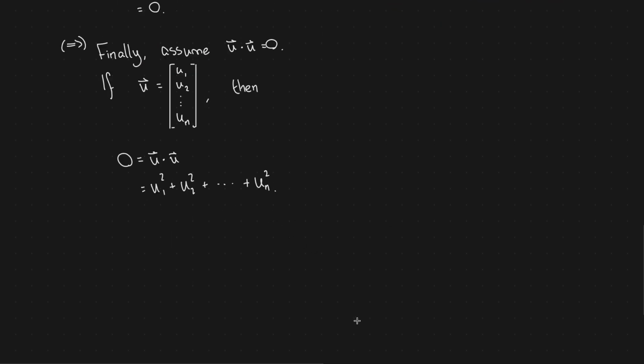Okay? But what do we know about the u's here? Well, I'm adding a bunch of non-negative numbers. Remember that? ui squared must be greater than or equal to 0 for each i, because they're squared.